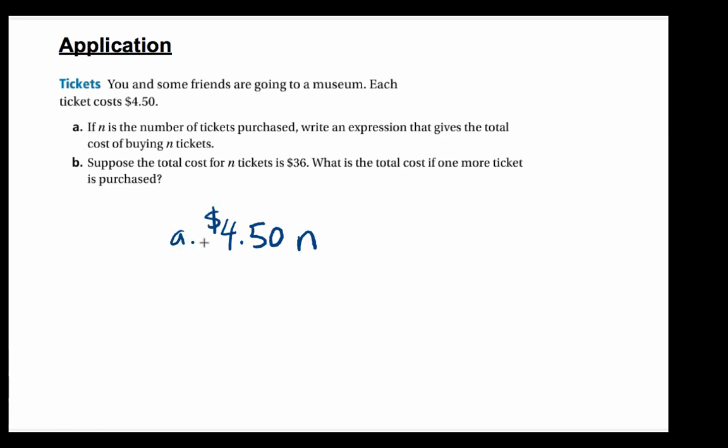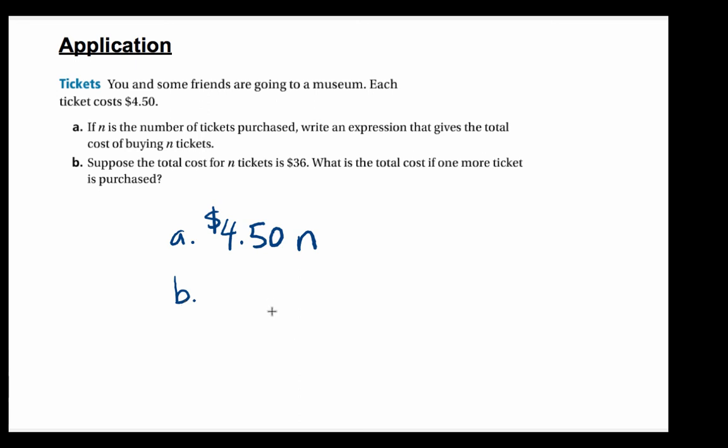In any application problem, we always want to make sure that our answers have proper units, and if we're asked a question, we need to address the question. We weren't asked a question there. We were just asked to write an expression, so we're fine. Part B says, suppose the total cost for n tickets is $36. What is the total cost if one more ticket is purchased?